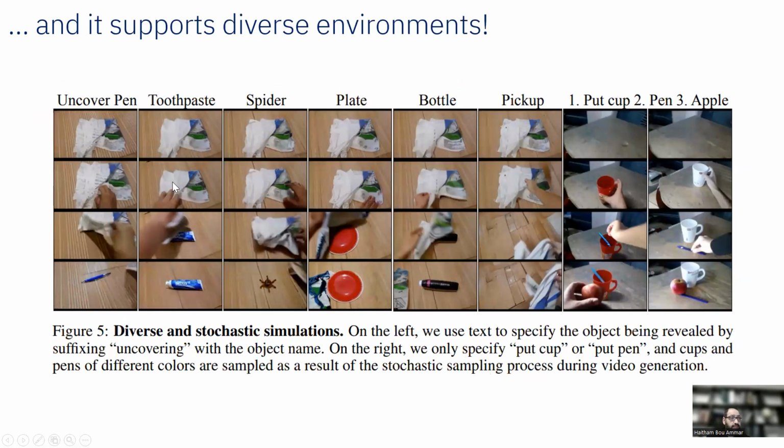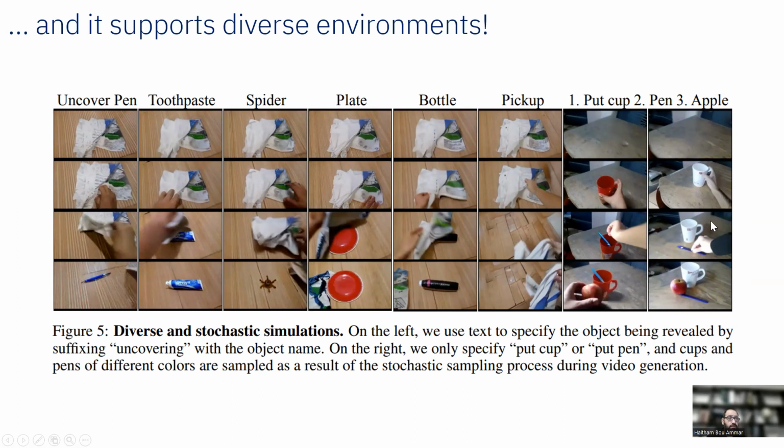And also, it can have diverse and stochastic simulations. So here, for example, it's simulating a scene where it can uncover a pen, or it can uncover toothpaste, or it can uncover a spider, or uncover a plate, right? But also here, it could, for example, put a cup and then put a pen inside a cup, and that's what you see here.